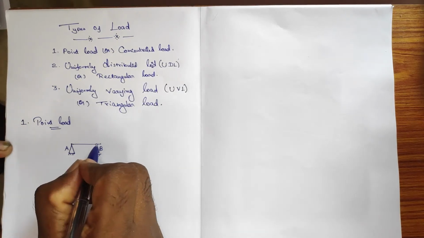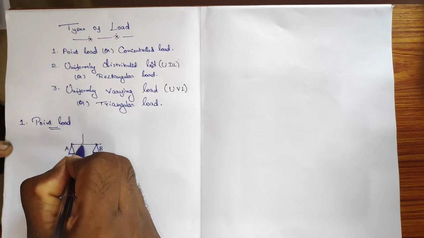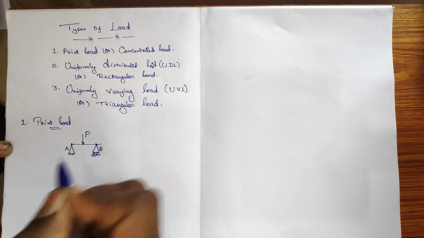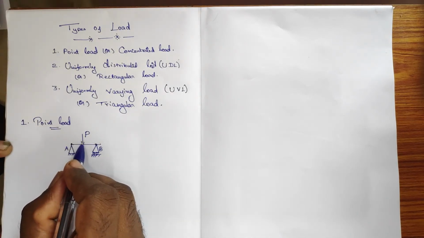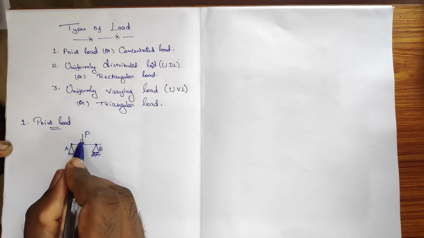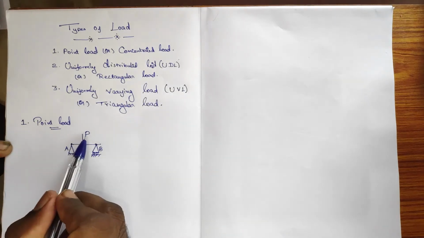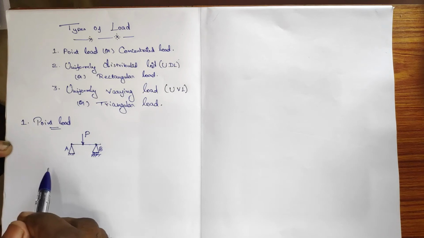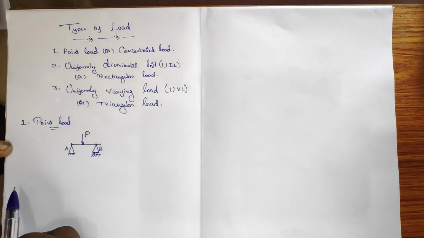At the mid of it there is a load which I denote as P. That means point load, in the sense that it is a load which is acting at a point on the beam. That kind of load we can call point load or concentrated load.